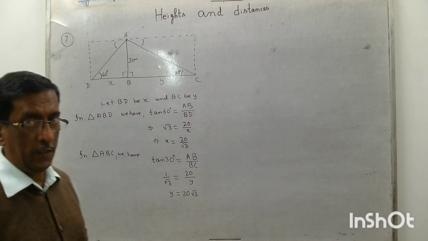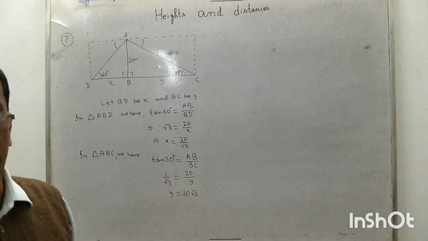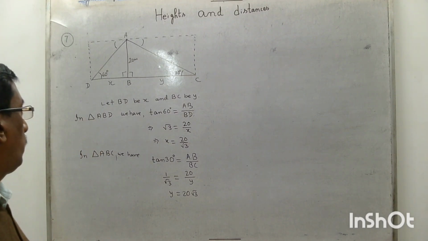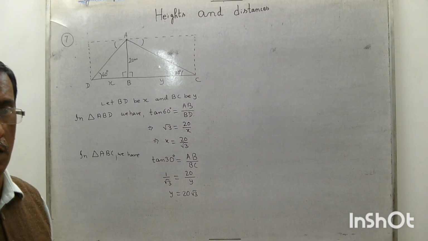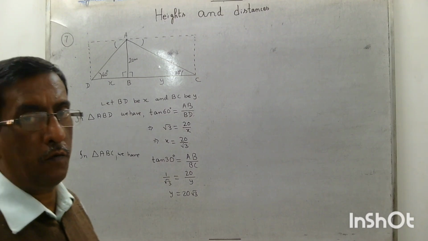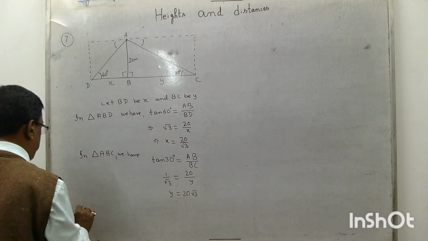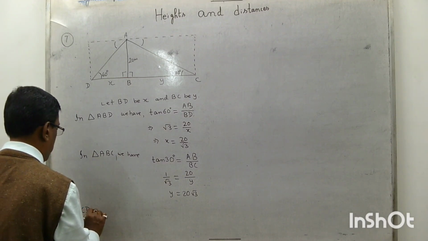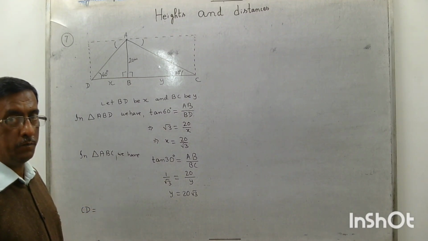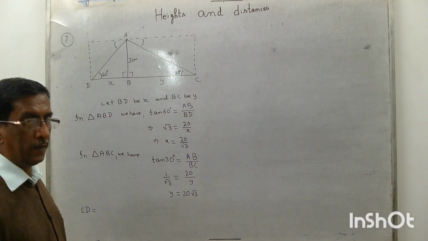The question is width of the river. Width of the river, here it is CD. CD is the width of the river. CD equals to x plus y.